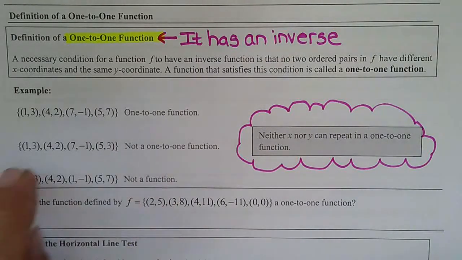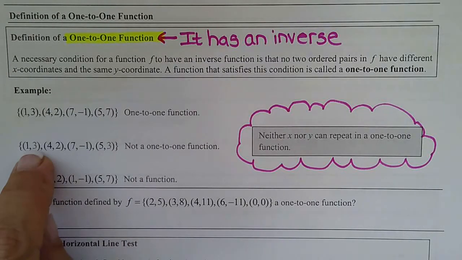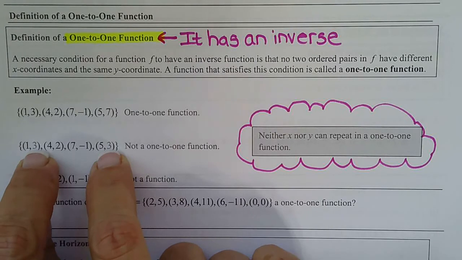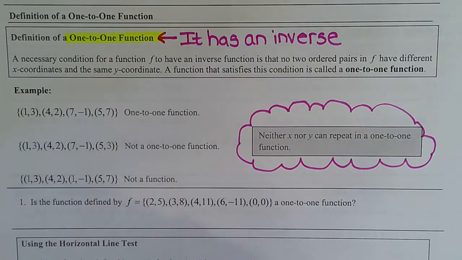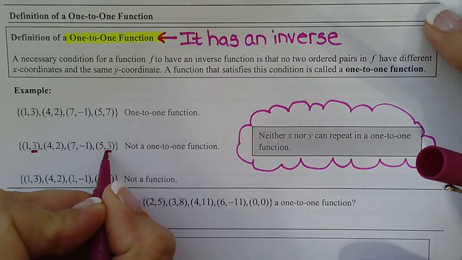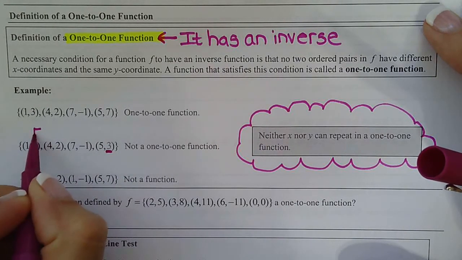Okay, this one, 1, 4, 7, 5, it is a function because all the x's are different, but it's not one-to-one, which means it doesn't have an inverse because 2 of the y's are the same. So it would pass the vertical line test. All the x's are different.